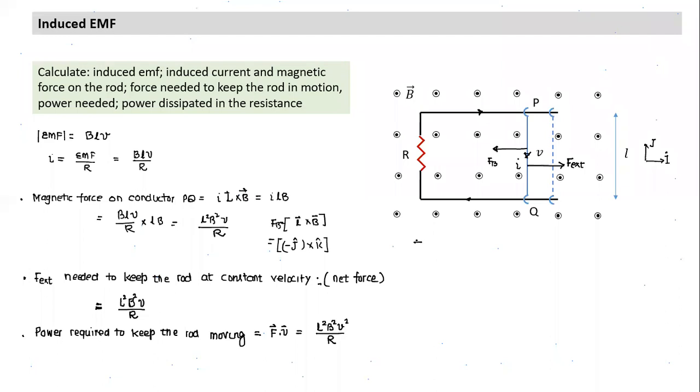Can you tell me what is the power dissipated in the resistance? See, the current is flowing, there's a resistance here, so there's a loss of heat here.